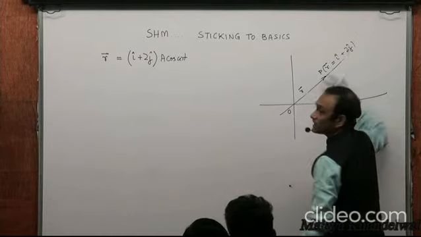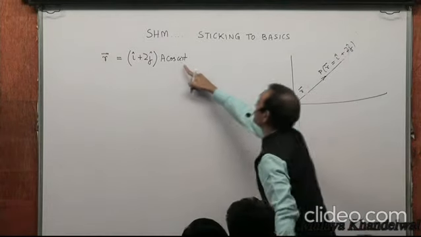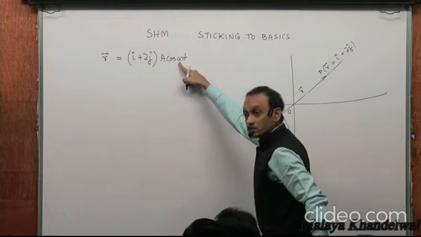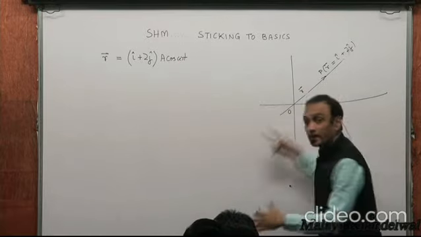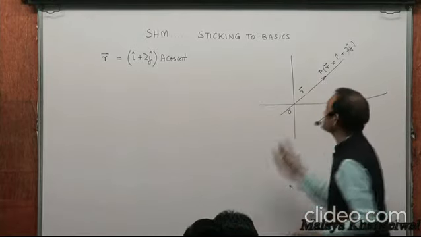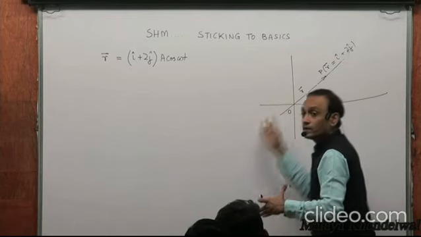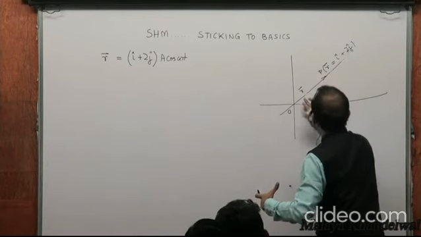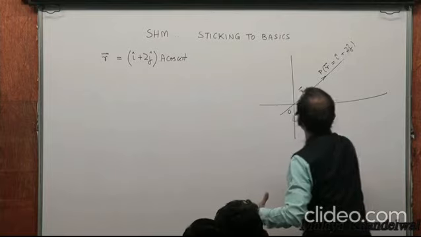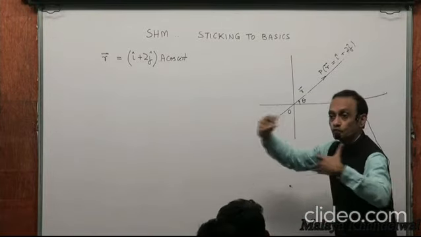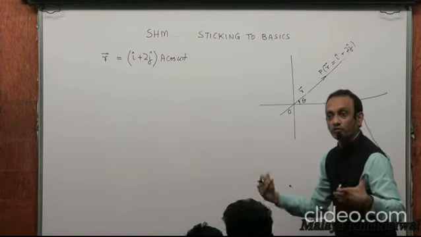Along this line there is simple harmonic motion with angular frequency omega. This is simple harmonic motion that's not taking place along the conventional x or y axis. It's taking place along a line that makes an angle theta such that tan theta is 2. Along this line the simple harmonic motion is taking place.